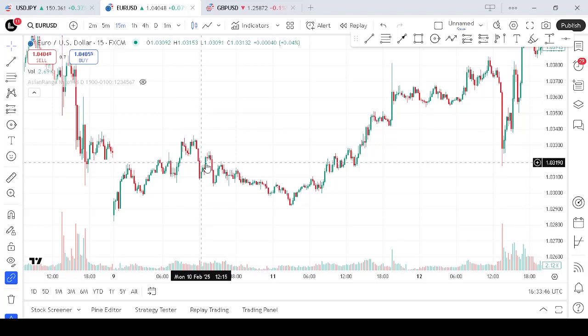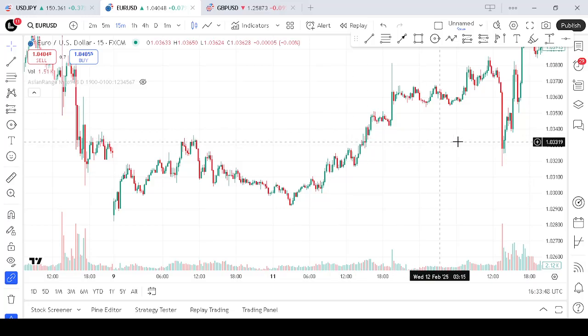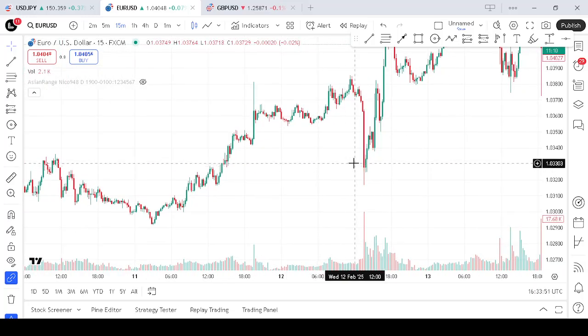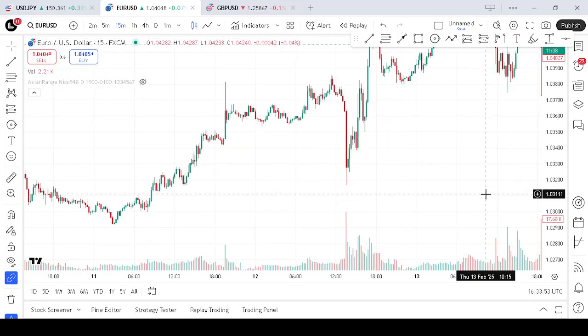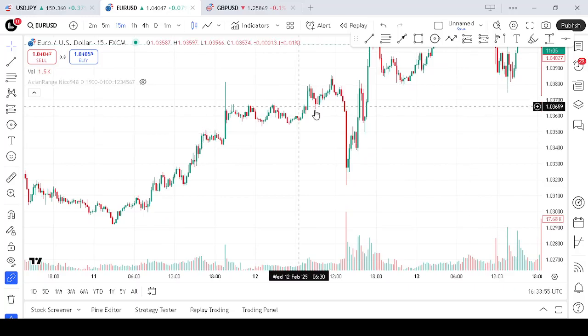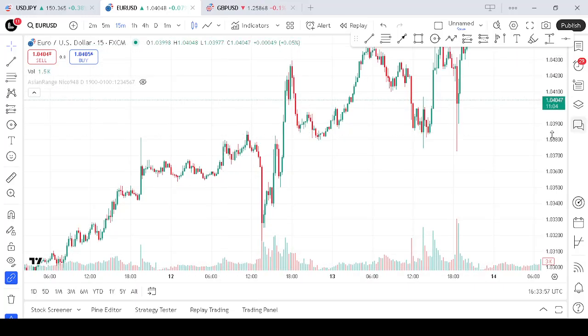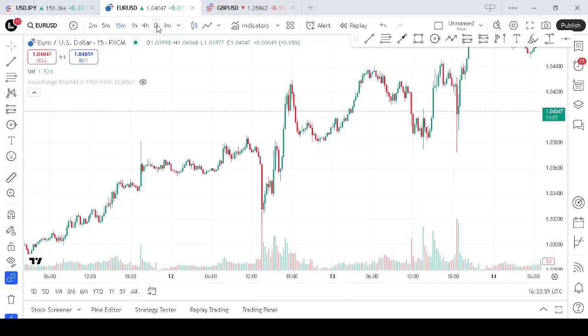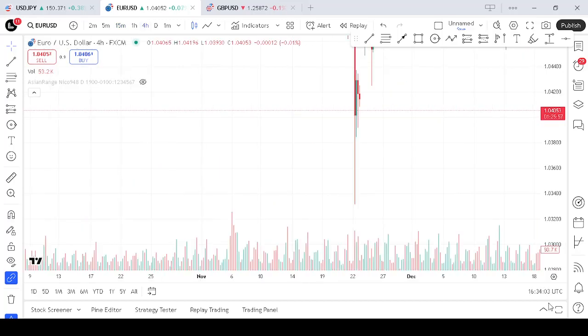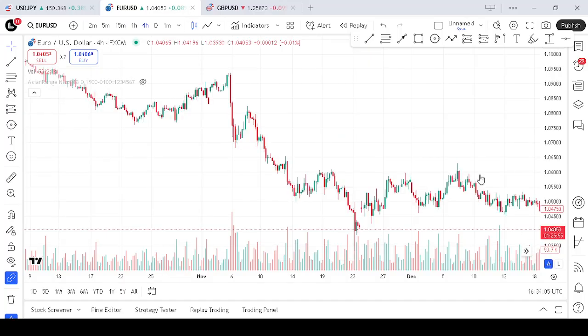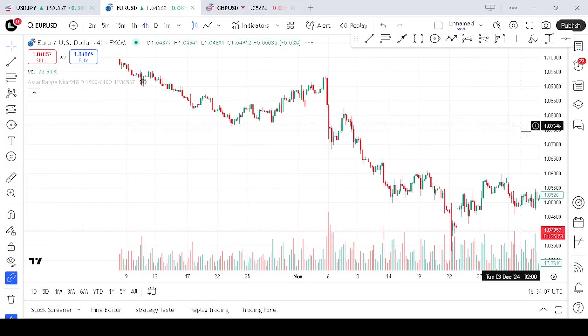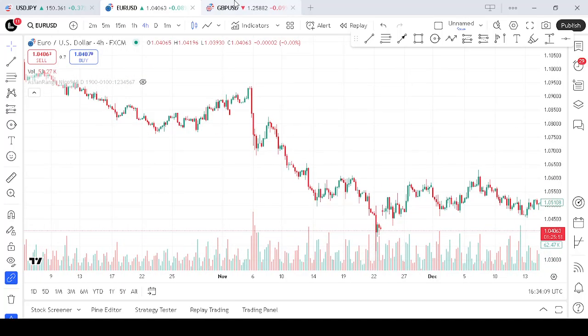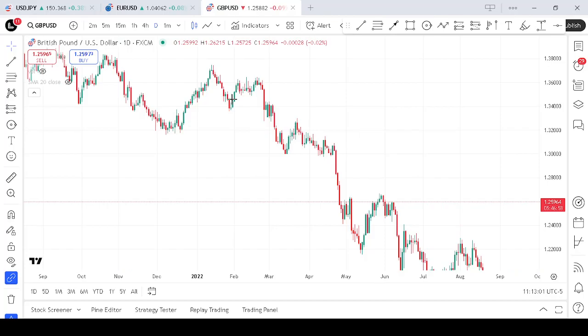Now this approach will make use of the Fibonacci retracement. For a swing trading strategy, we make use of the Fibonacci retracement, also using the higher time frame. We can use the 4-hour time frame, or we can make use of the daily time frame for this strategy, because we are trading a swing trade setup.